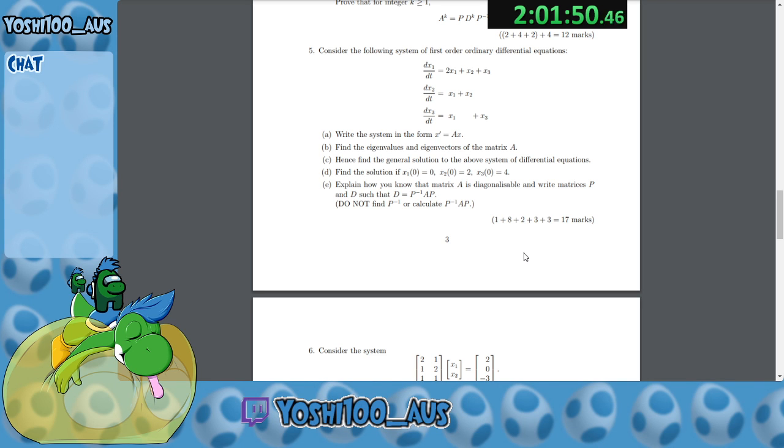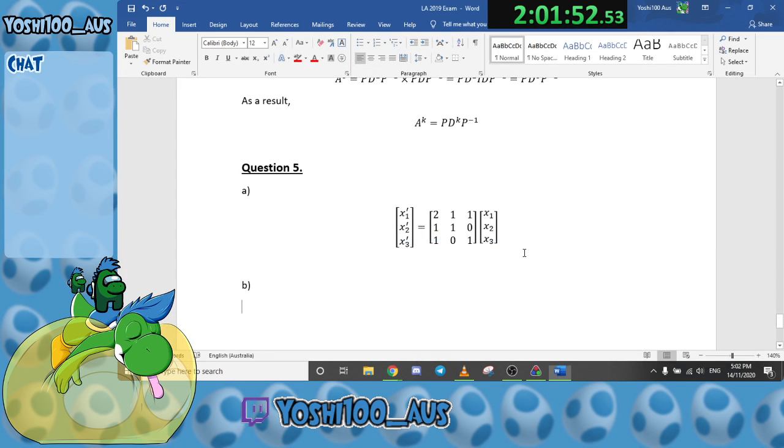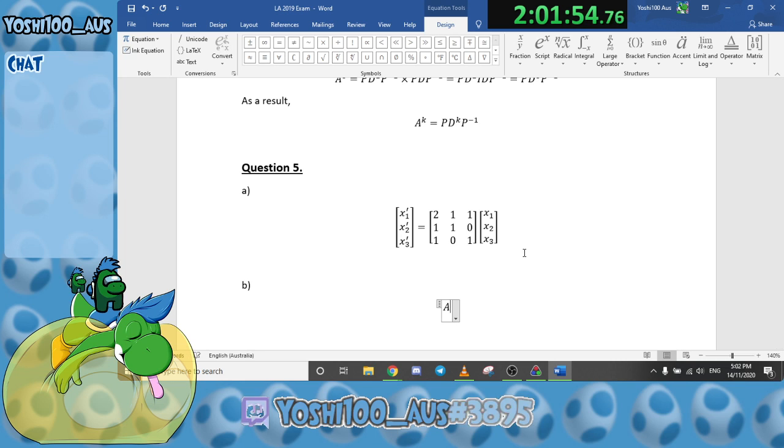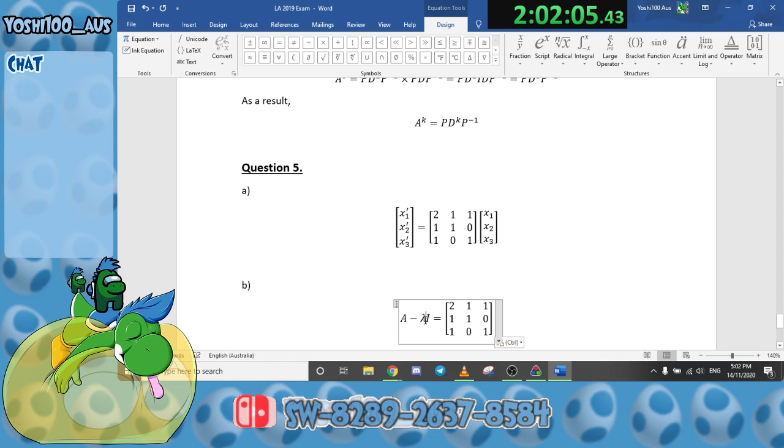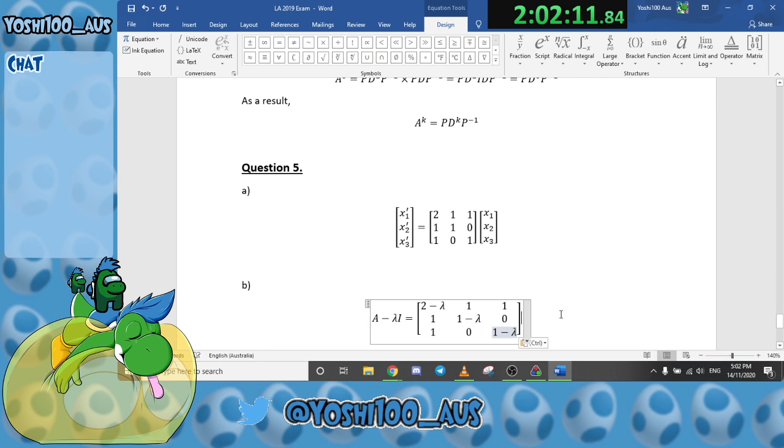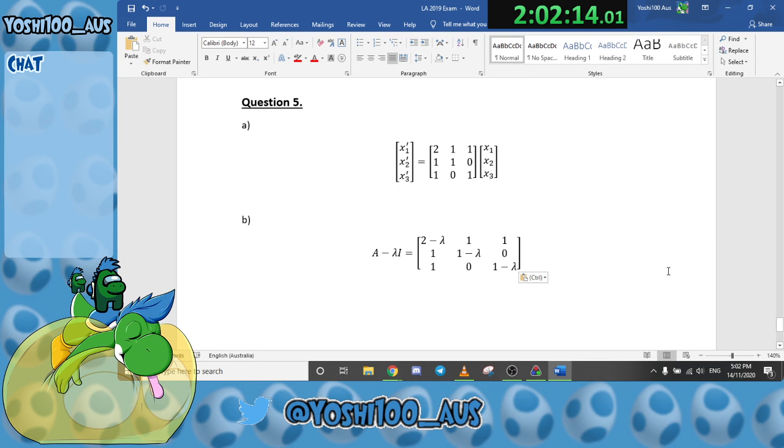Find the eigenvalues and eigenvectors of the matrix A. Okay. This equals the following. I'm just gonna copy this. Boom. And people said digitally is slower. Look at this. It's so efficient.